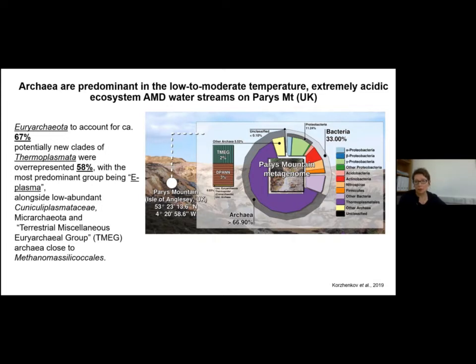Cuniculiplasma, what is interesting, is represented only as a minor group here, just 3%. Two other groups which were represented in small numbers as well were Micrarchaea and terrestrial miscellaneous Euryarchaeotal group, or shortly TMEG archaea.